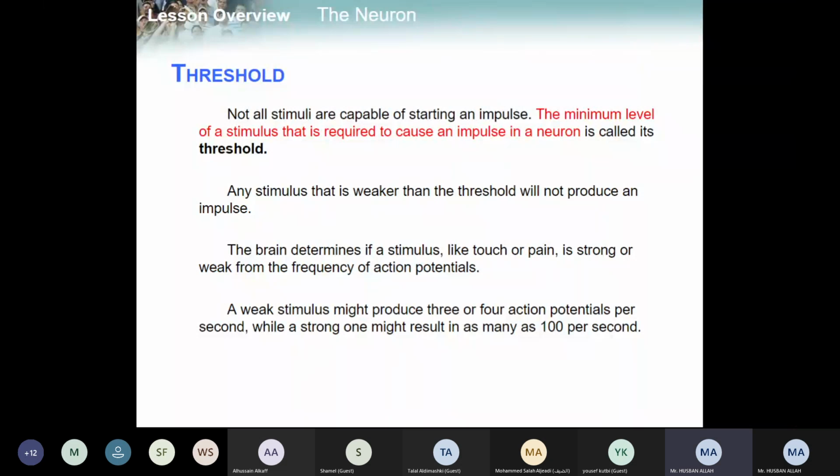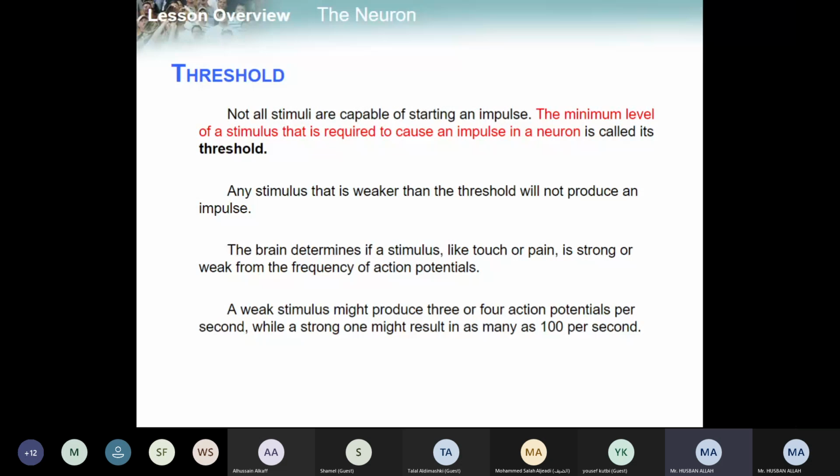All neurons present in the animal body need a specific stimulus, a specific amount of effort. If it is the sense of touch, smell, sight, hearing, or taste, it requires a specific range to generate the impulse.